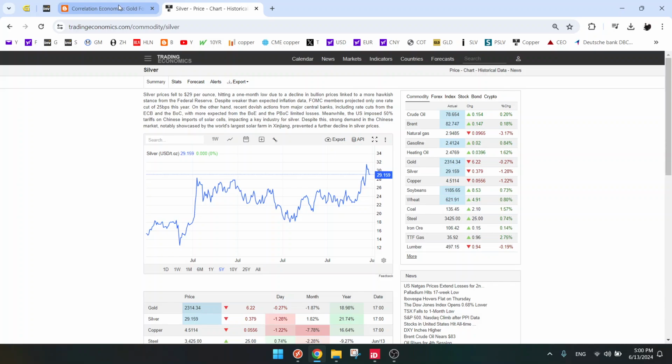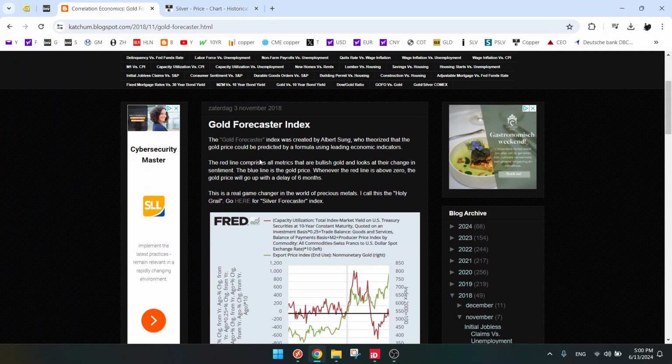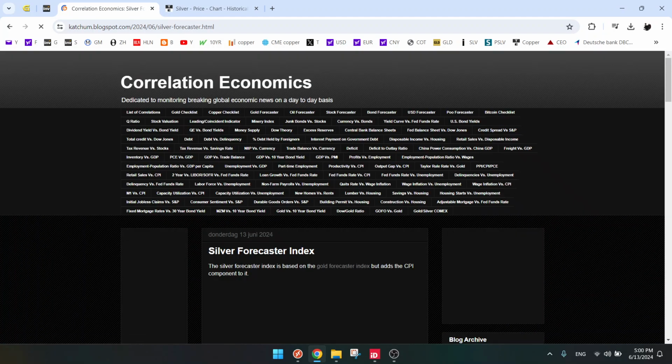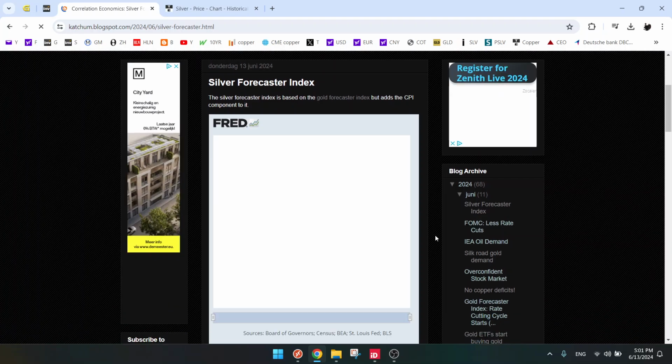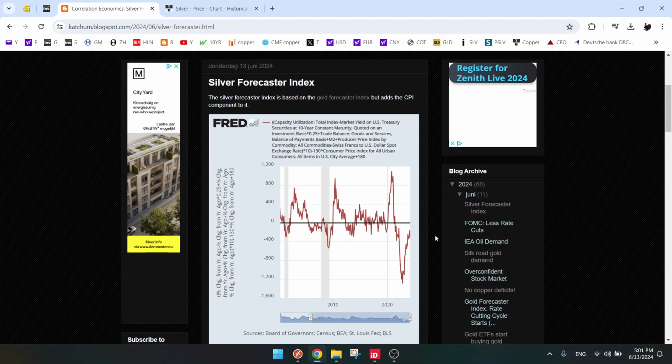So what's the conclusion on this? We have the silver forecaster index, which is basically the same as the gold forecaster index. Gold and silver are basically doing the same. If gold goes up, silver goes up. Okay.